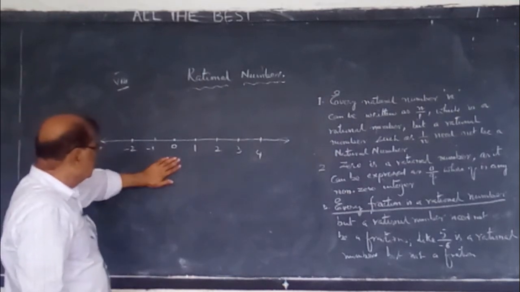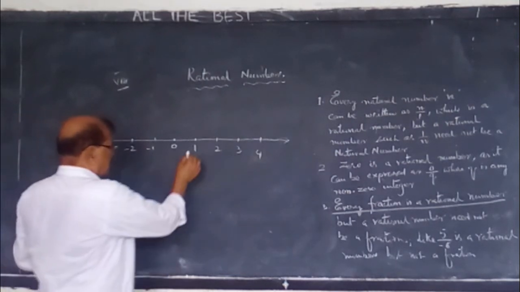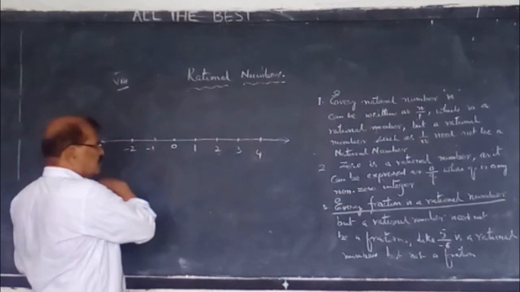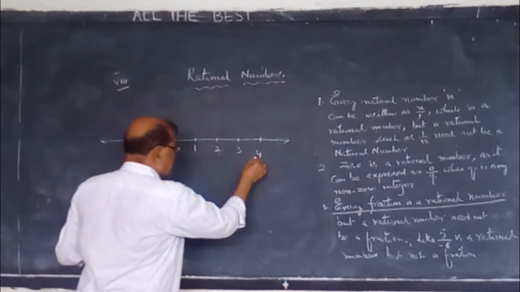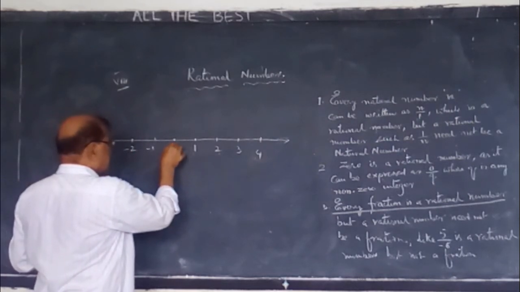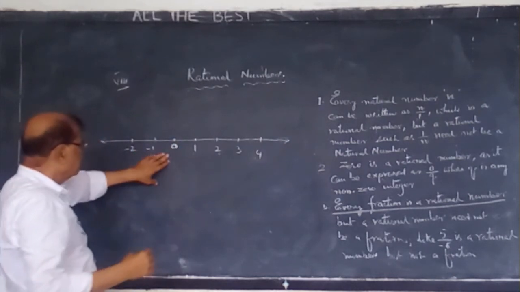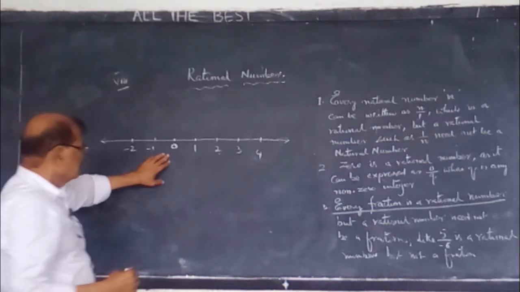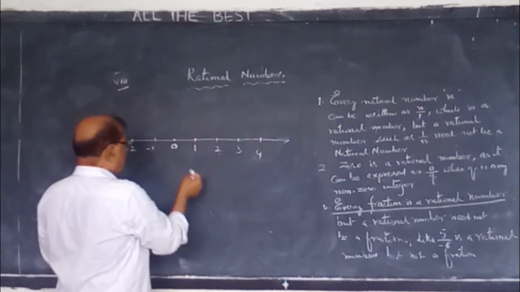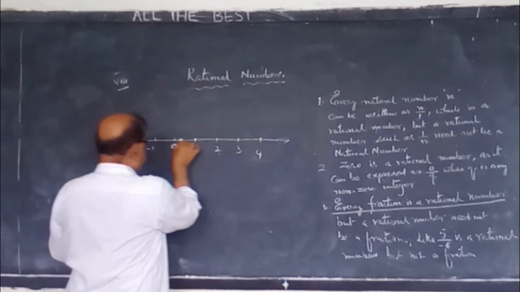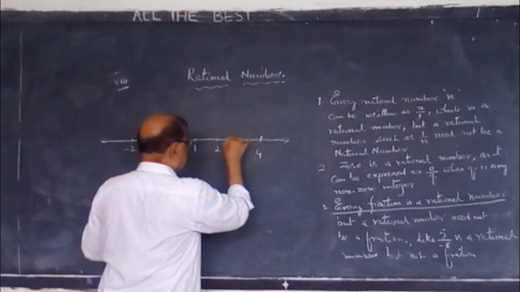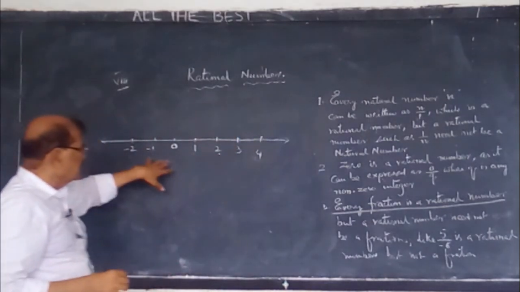These are all integers, positive integers and negative integers. Positive natural numbers, negative natural numbers, including 0, are called integers, which is represented by I or J. Now, what is a number line? If a line is represented by numbers, it is called a number line. I think it is very clear.